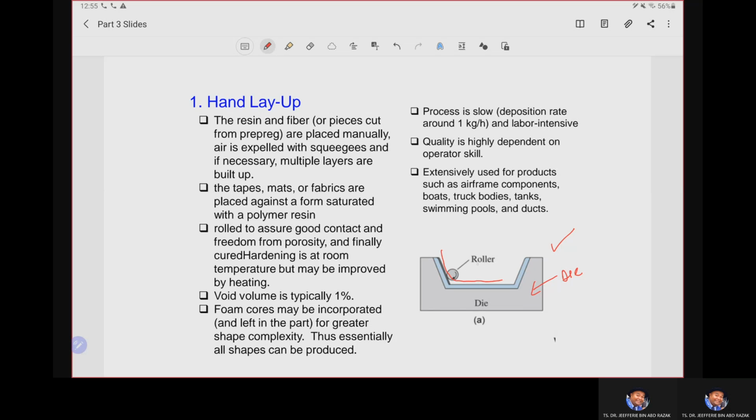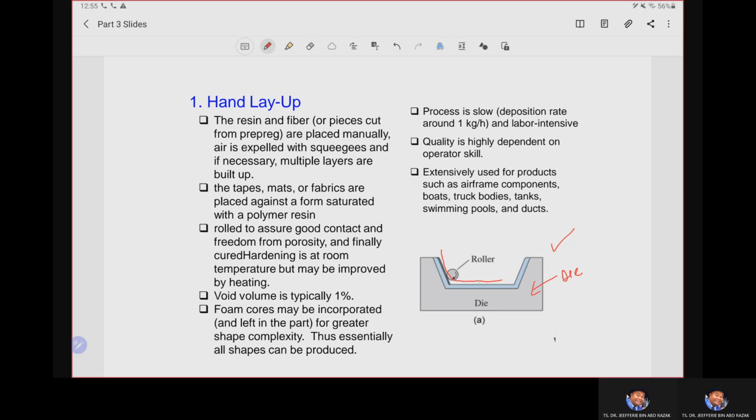The fiber tapes, mats, or fabric are then saturated with a polymer resin, whereby we combine the two phases. Then we roll it to assure good contact and freedom from porosity. By rolling here, using the roller or squeegee, we eliminate the voids and also porosity.